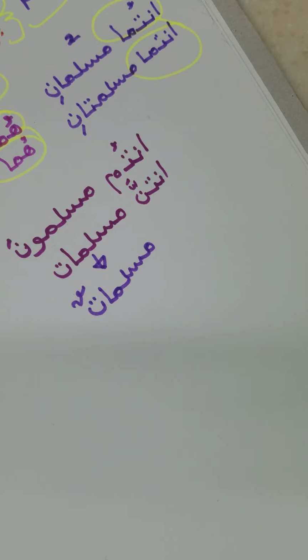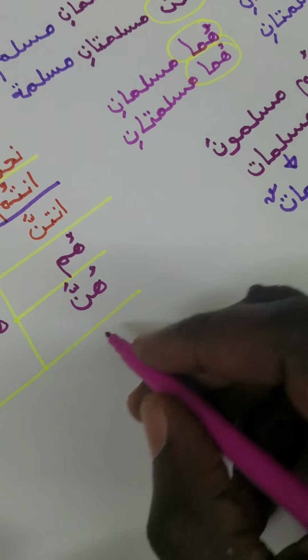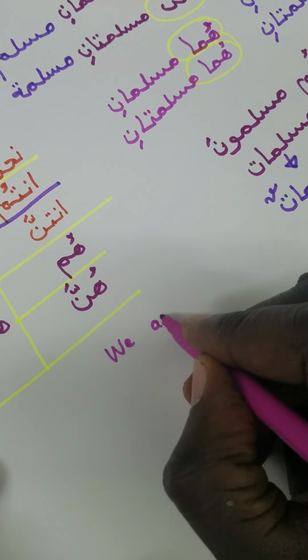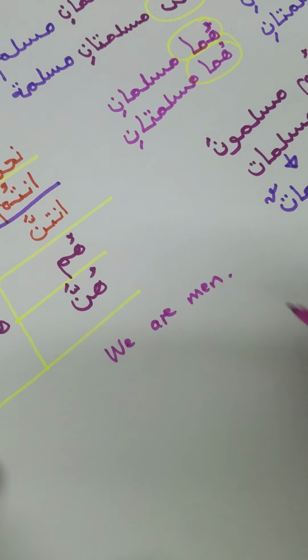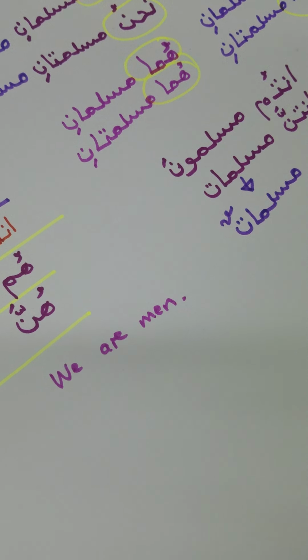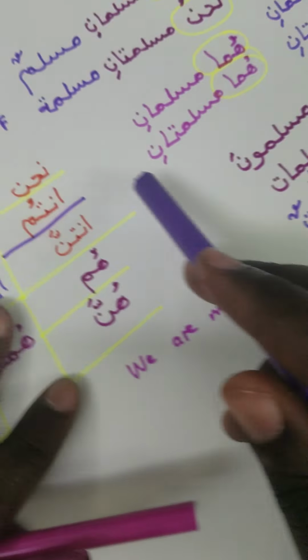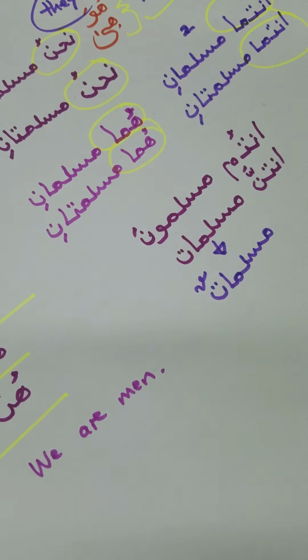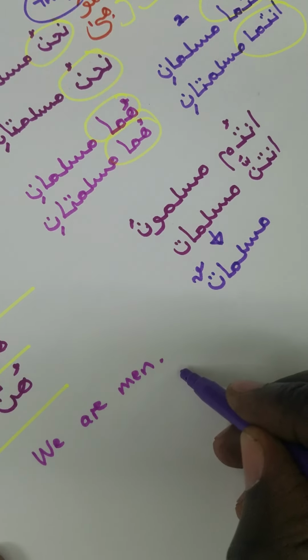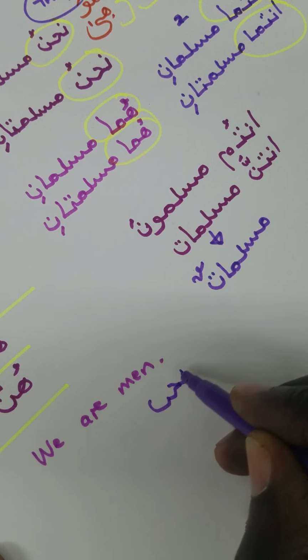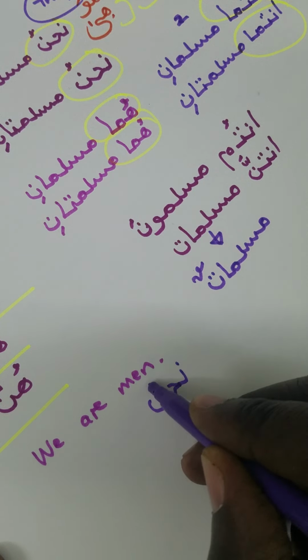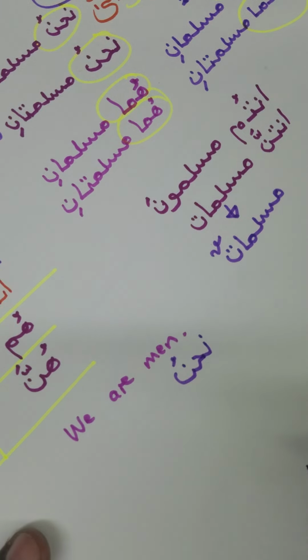Okay, we are men. And you want to put it in plural. What you will do is say, what is the word we? We in duo and plural is going to be nahnu. So you say nahnu. What is the plural of man?